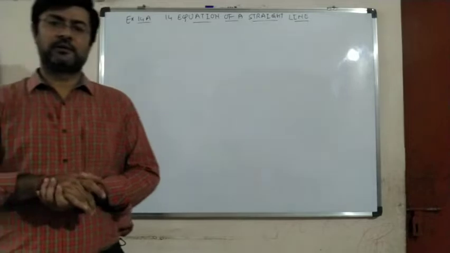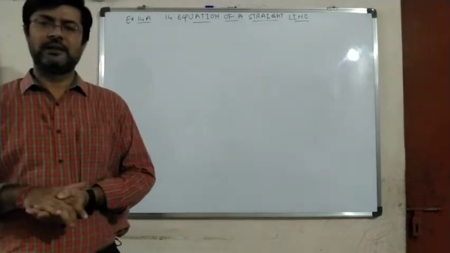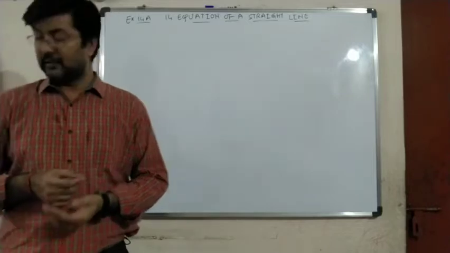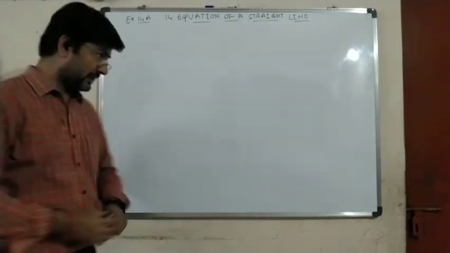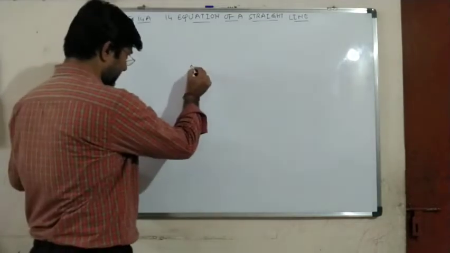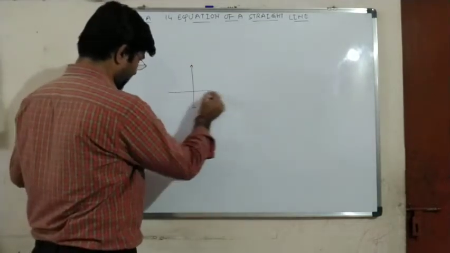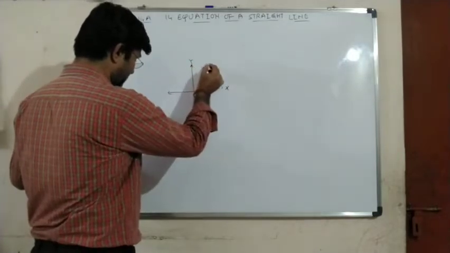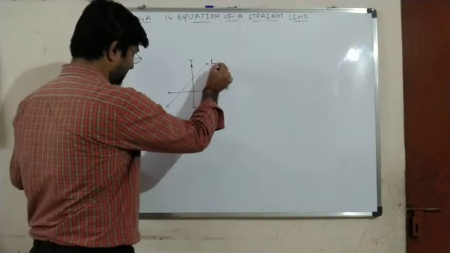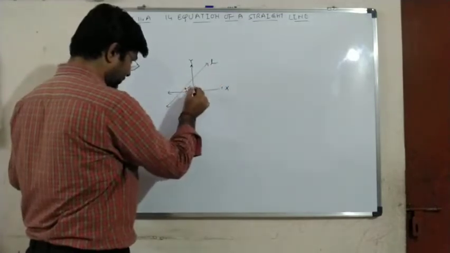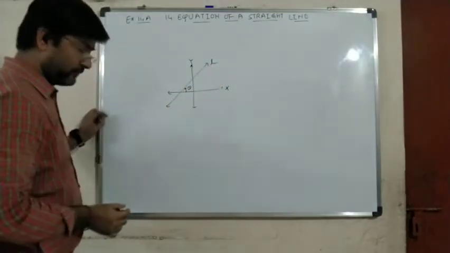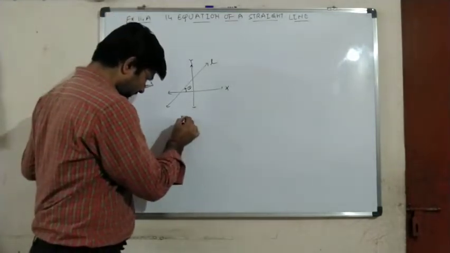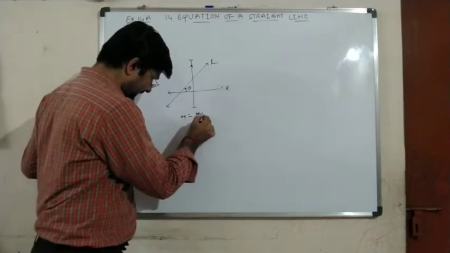Okay, slope is, if theta is the angle of inclination, that is the angle formed by a line with the positive direction of the x-axis. Yes or no? If this is the x coordinate axis, y coordinate axis, and suppose we have line L, then theta is called the angle of inclination, and if you want to find the slope of this line, then slope m is given by tan theta.